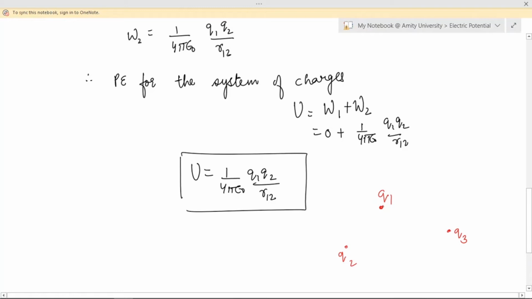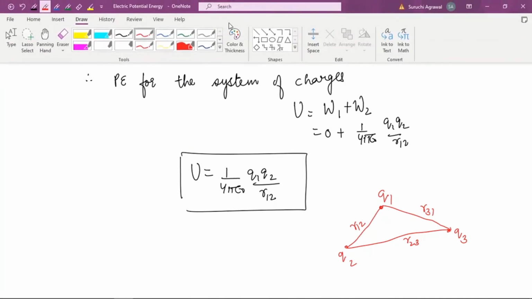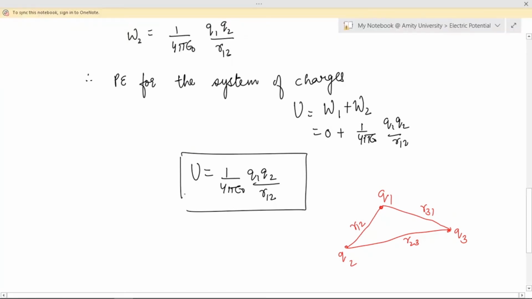Let's say R12 is the distance between Q1 and Q2, R23 is the distance between Q2 and Q3, and R31 is the distance between Q1 and Q3. So, based on this equation, we can consider the potential energy of the system of three charges as the work done in bringing the three charges to their required positions.